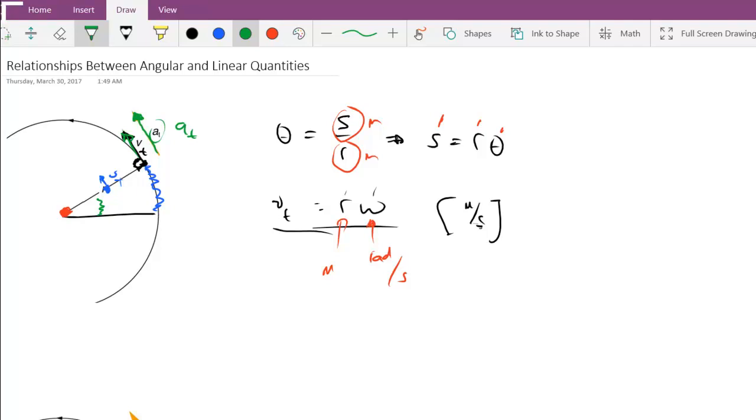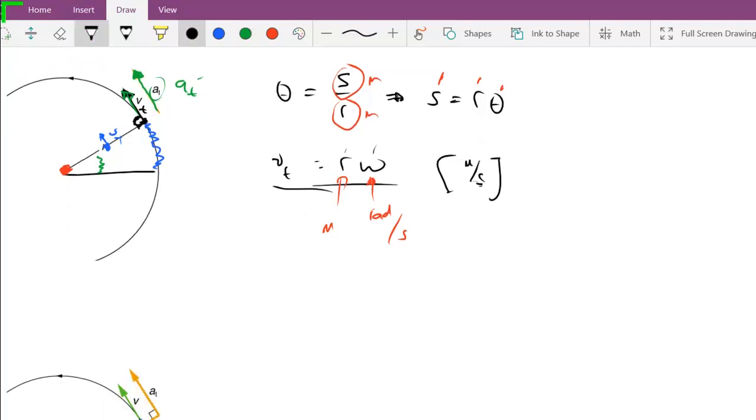So this would go into either speeding up the rotation, speeding up the speed of it as it goes around a circle, or slowing it down. The tangential acceleration, at for tangential, would be your radius times your angular acceleration.